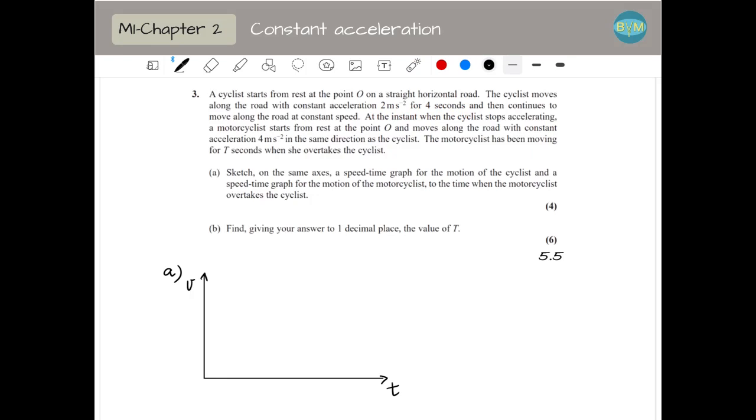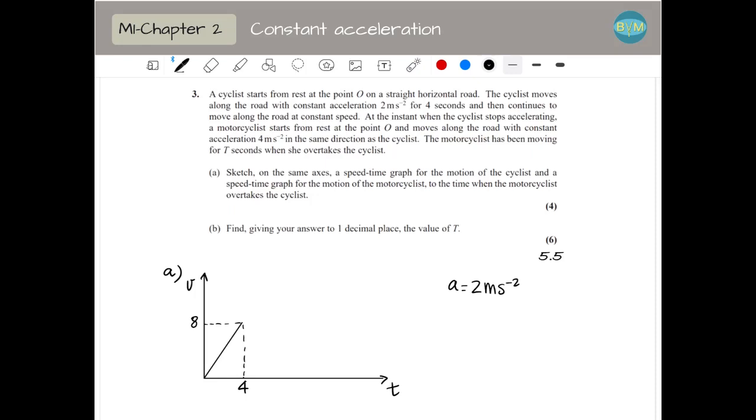So this first part is going to be a straight line up to, we don't know the final speed yet, but we know this is 4 seconds, and the acceleration is 2 meters per second squared. Acceleration is the gradient of this line, that means that this is 4 and the gradient is 2, so this is going to be 8, right? So we can write this value because it's not difficult to find.